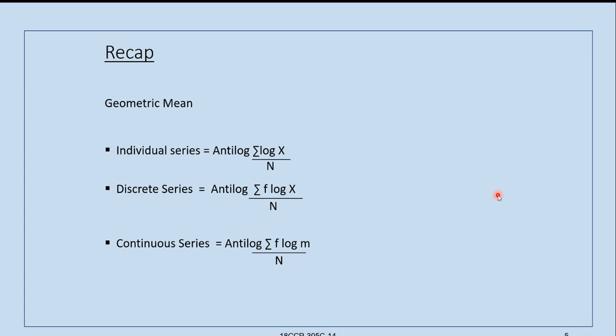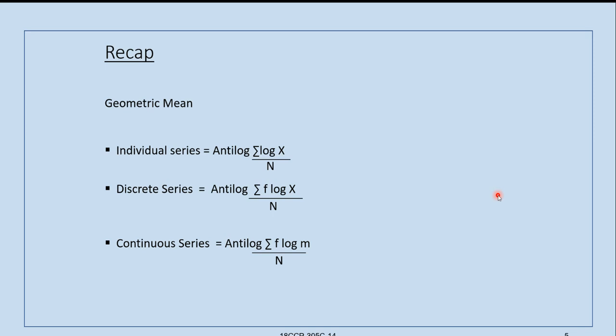The discrete series formula is antilog of sigma f log x by n. Here f log x is the product of frequency and the logarithm value of the x series.